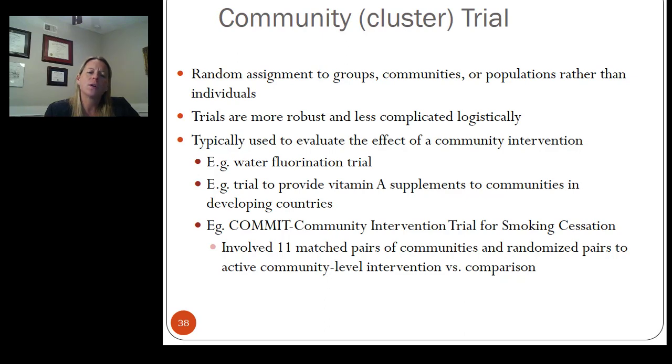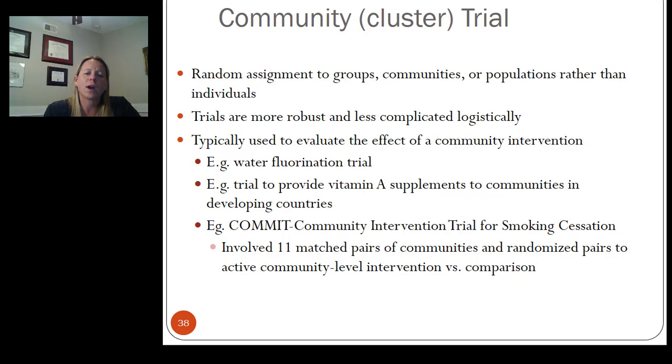So for example, if we're interested in evaluating the effectiveness of water fluoridation in a community, it would be impossible to essentially randomize individual homes because homes nearby each other receive water from the same water source. And so in this case, we would instead randomize groups of homes to one exposure and another group of homes to a different exposure.